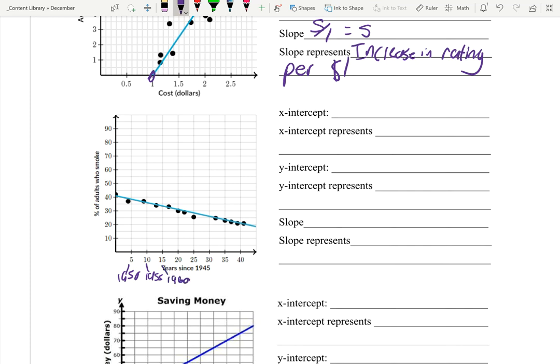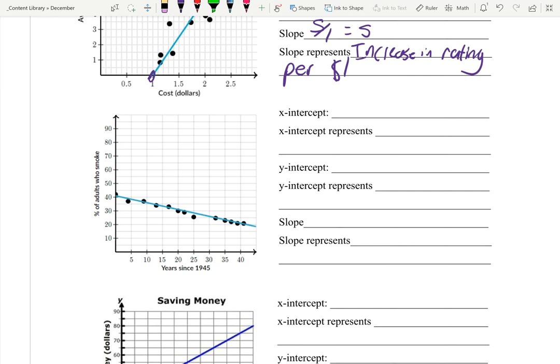So keep in mind that these are actually years themselves. 40 years after 1945 would be 1985. Just keep that in mind when we answer some of these questions.